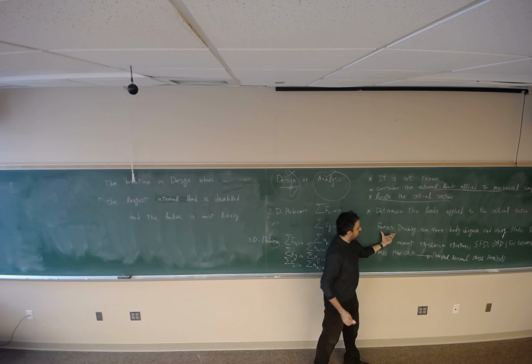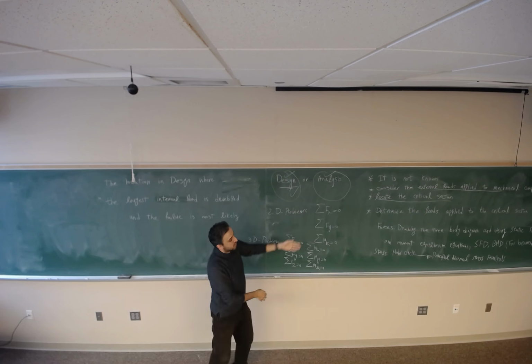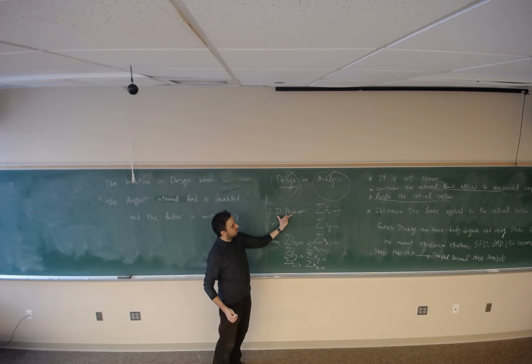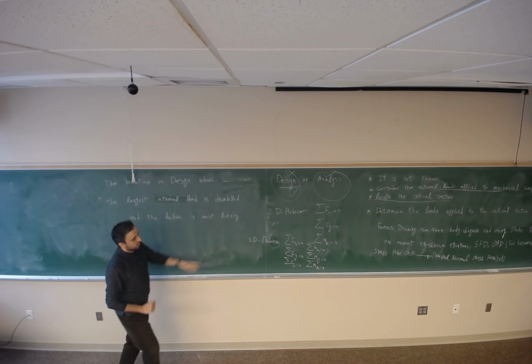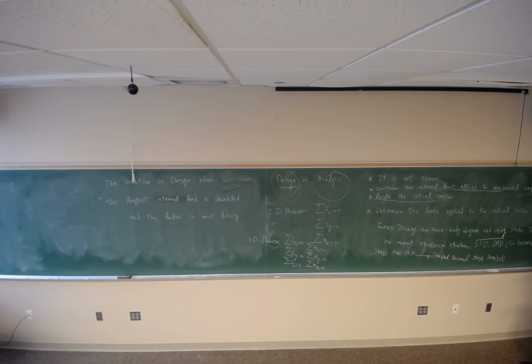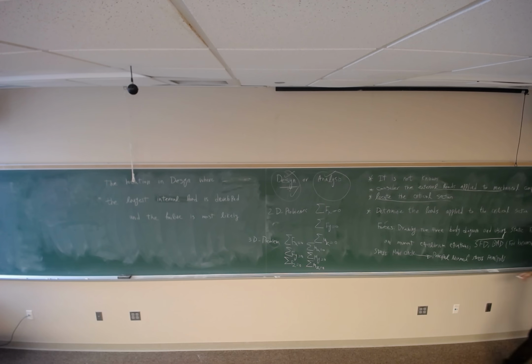You find the force and load by drawing the free body diagram at the critical section and using these equations. If you have a two-dimensional problem, we use this equilibrium equation. If you have a three-dimensional problem, we have 6 equations. If you have a beam, we can draw the shear force diagram and the bending moment diagram to find the force and the moment applied to the beam.